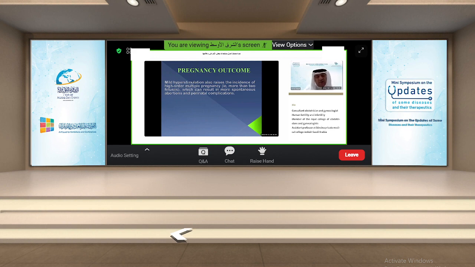A lot of studies indicated that the incidence of miscarriages is related to ovulation induction therapy, and they concluded that the more multiple gestation, the higher the chance of spontaneous miscarriage. Also, there is the possibility of multiples, as I said, triplets and quadruplets, and sometimes you may have 5 or 7 babies.